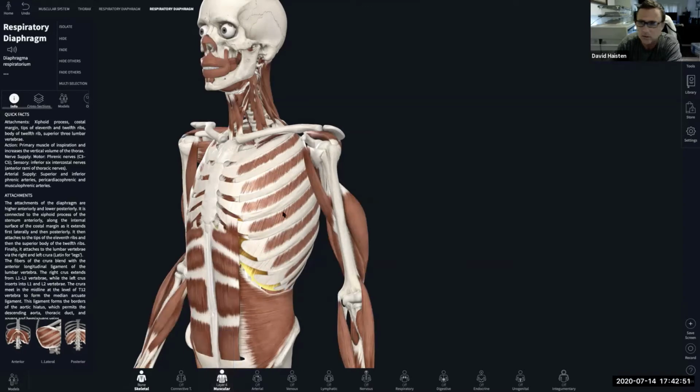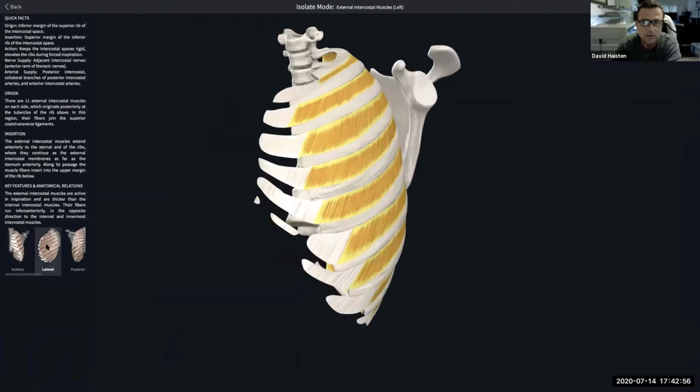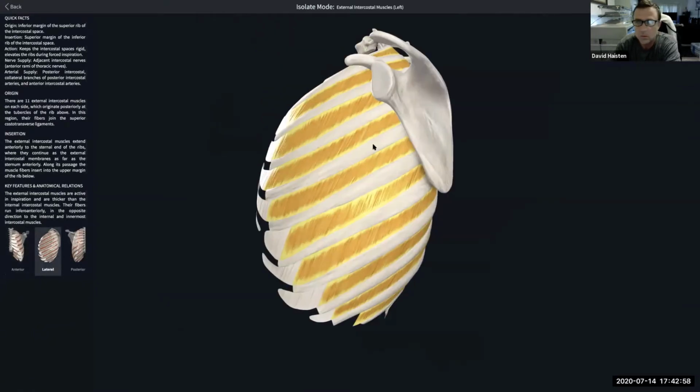External intercostals: the origin is on the inferior border of a rib above, insertion, superior border of a rib below. When they contract, they elevate the rib cage. So quiet breathing is contraction of the diaphragm and external intercostals. When they relax, exhale. No additional muscles required.